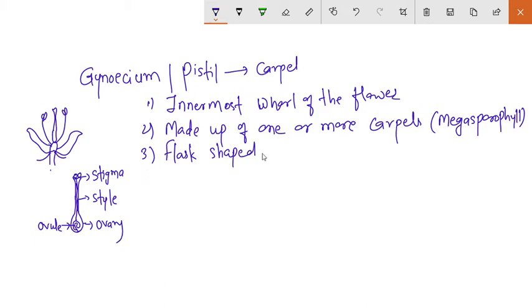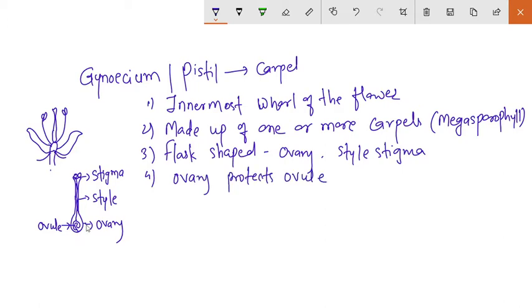The carpel is flask shaped and has different parts: ovary, style and stigma. The ovary protects the ovule because the ovule is present inside the ovary.